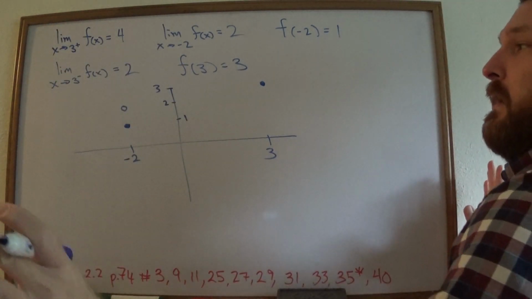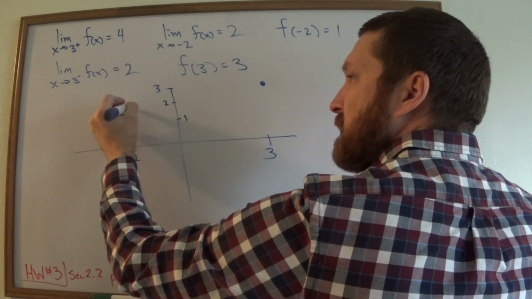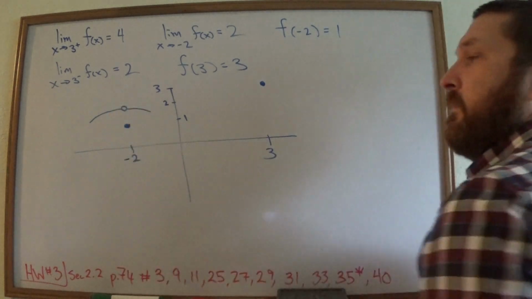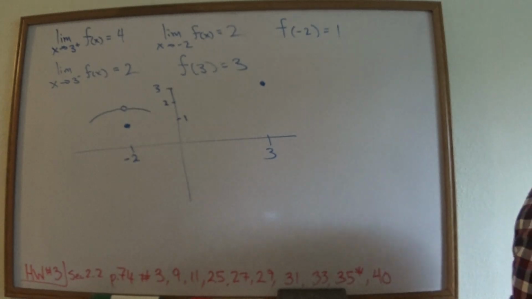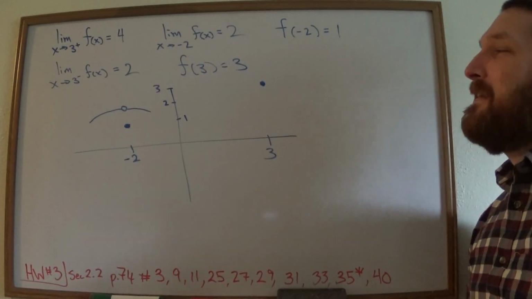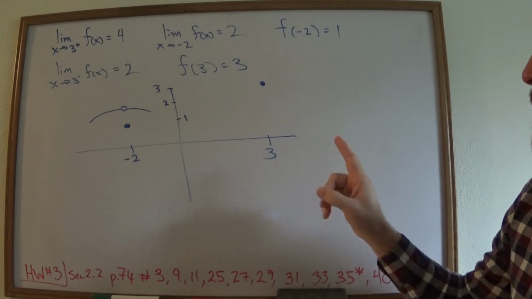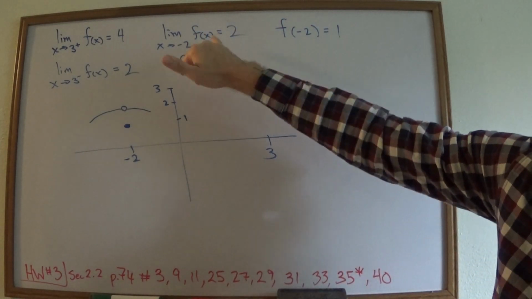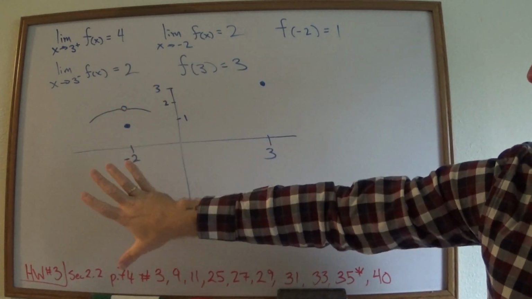We don't know that, but it does something like this and something like that. Maybe it comes down, maybe it goes up, I don't know. We're going to need more calculus to figure that out. We're not there yet. From both directions we get a 2, so that makes sense. Does that make sense how I got that so far?